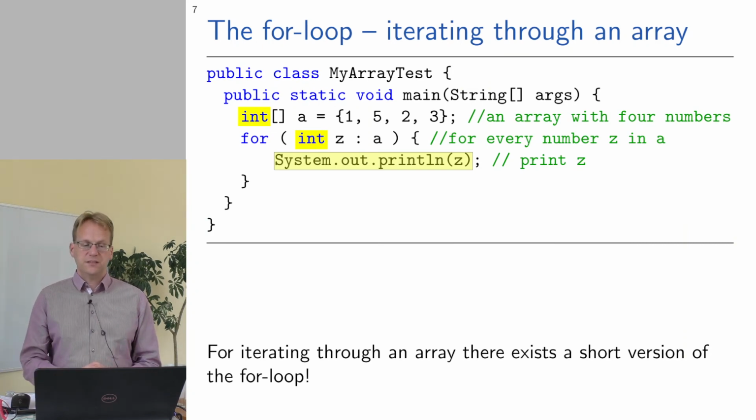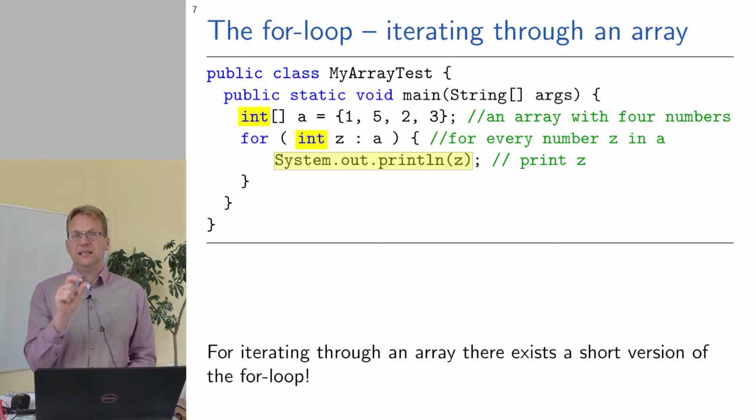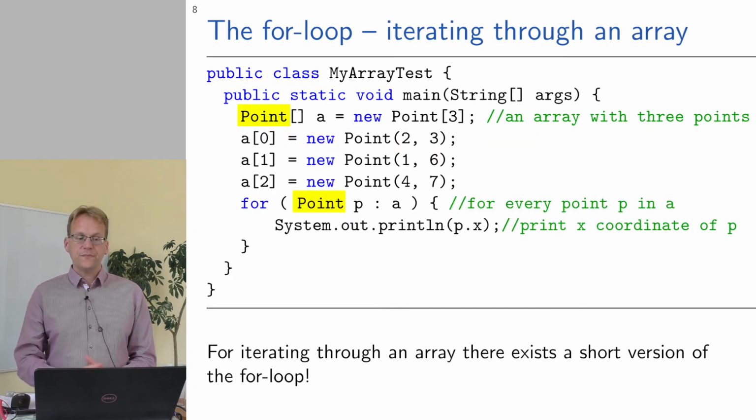Here we are using this for each loop to iterate over all the elements within an array a. And with this short version of the for loop, there's no need anymore to introduce this index i. So we are just directly accessing all the elements in a in order from left to right.